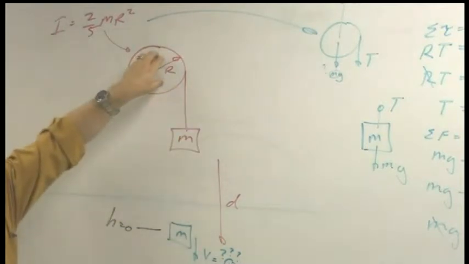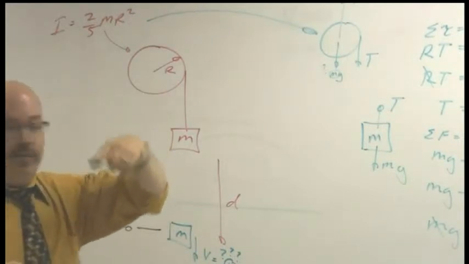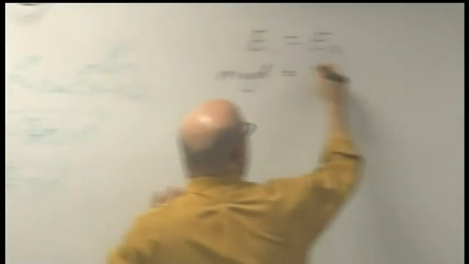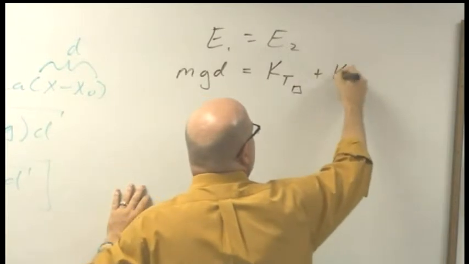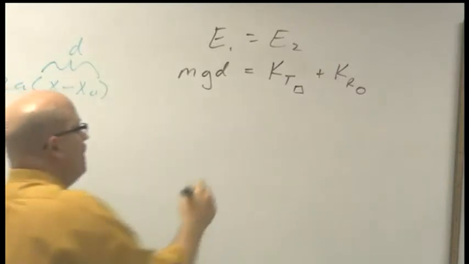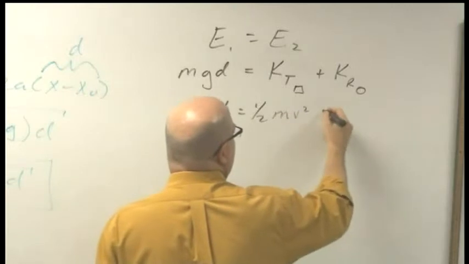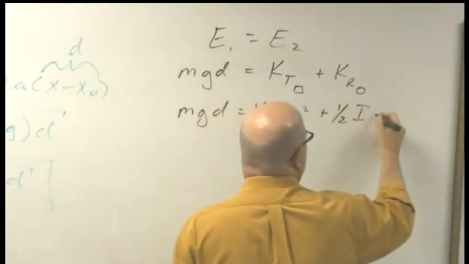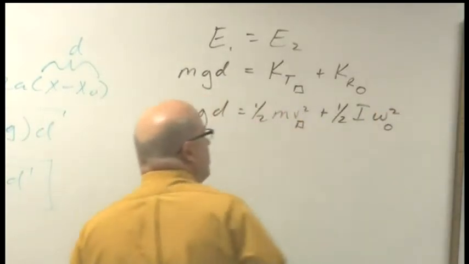The pulley has kinetic energy, but that will be rotational only. So we end up with mgd equals 1/2 mv squared for the box plus 1/2 I omega squared for the pulley.